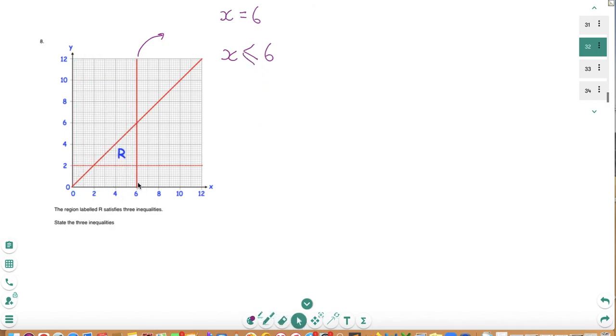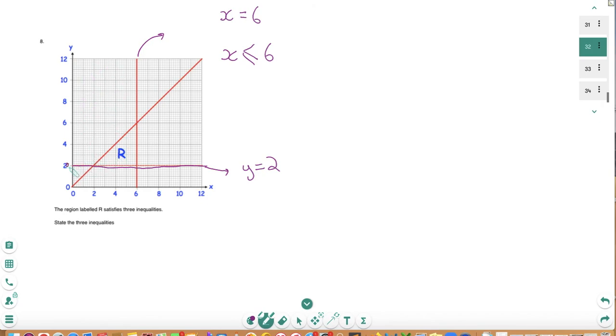Now, that's all done. Let's look at this horizontal line. Well, we know if this line continued, it would cross the y-axis at 2. So we can say y equals 2. And then on this dotted line, our region is above this horizontal line. So we want this section up here.